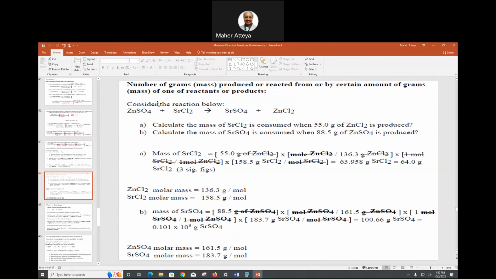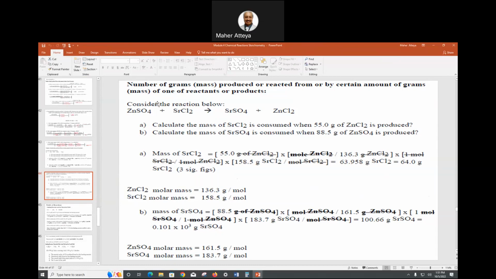So asked number of moles and given number of moles of the compound there. And then you multiply it by the molar mass of the asked compound. Let me repeat. So first you start with whatever is given to you, the amount in grams, whether it's reactant or product. You divide it by the molar mass of the given compound, whether it's reactant or product.